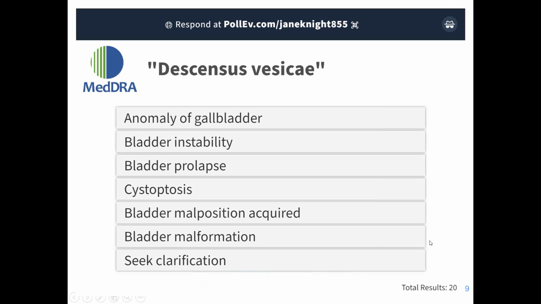Descensus vesicae. You will have to check what Descensus is, what the meaning of Descensus is, whether there are synonyms for this term, and what is meant by vesica.